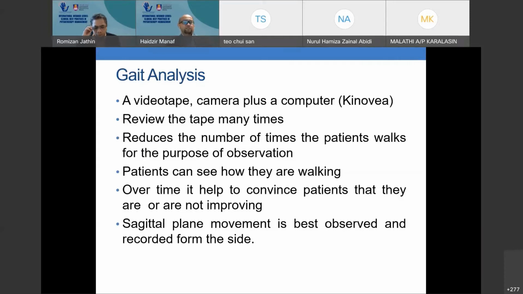By using the camera on the handphone, you can have a tripod, and also your own computer that has the freely available software called Kinovea installed. By having video, you can shoot only one or two sessions of the gait analysis.